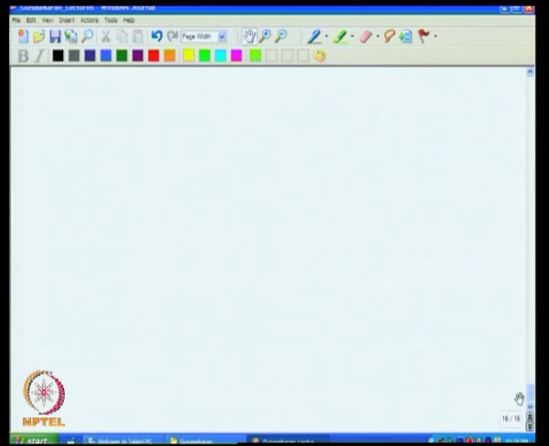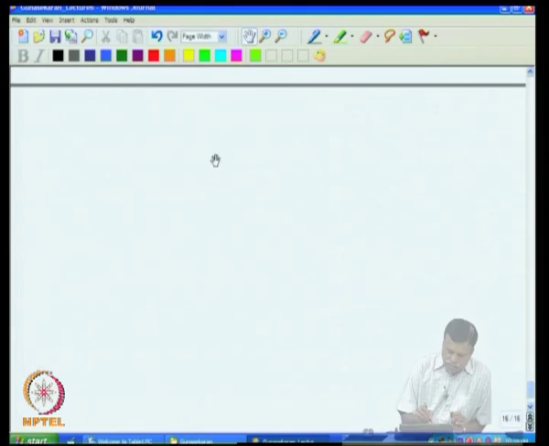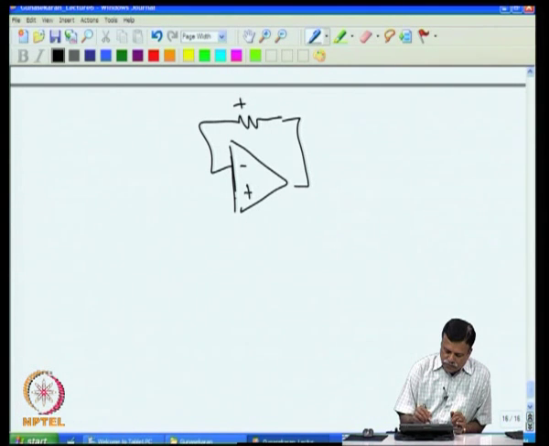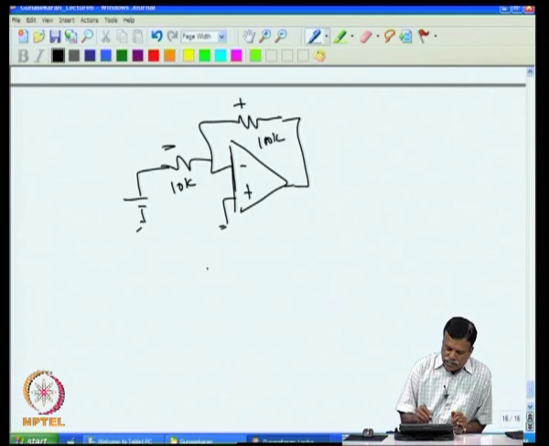Now we can calculate and see, for example, if I put 300 ppm in the circuit. So, I assume this is a plus temperature coefficient and this is a minus temperature coefficient. Now, if this is 100 K, this is 10 K, we find out what is the change in resistance.